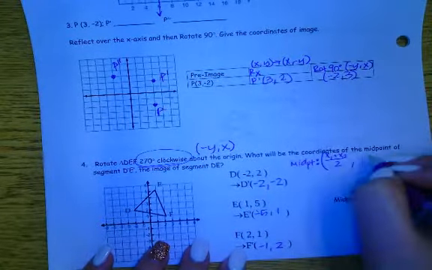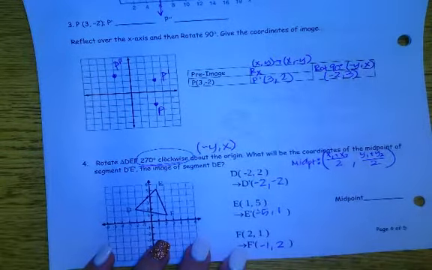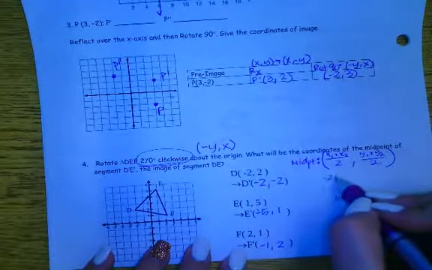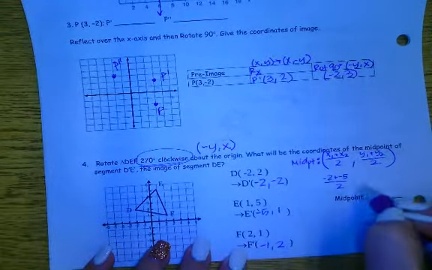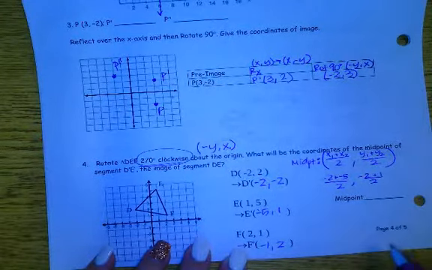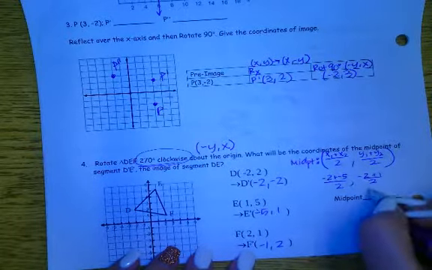Okay, so finding it of DE, I have negative 2 plus a negative 5 over 2, negative 2 plus 1 over 2. What's negative 2 plus a negative 5? Negative 7 over 2. And I have negative 2 plus 1 over 2, which is going to be what?